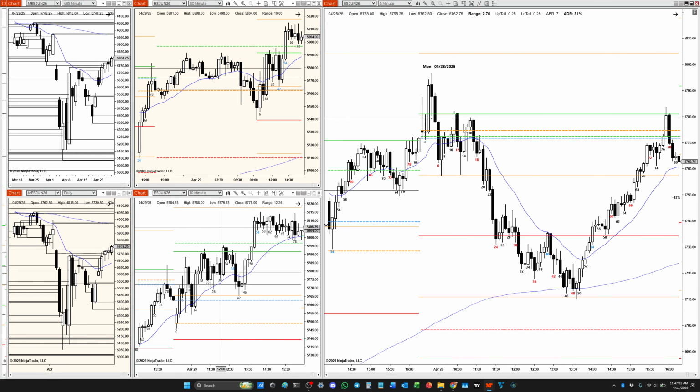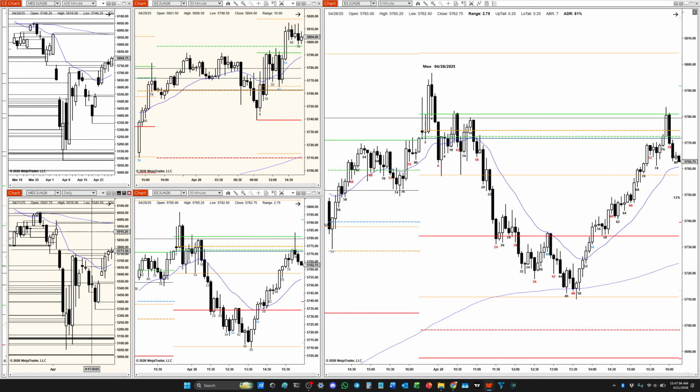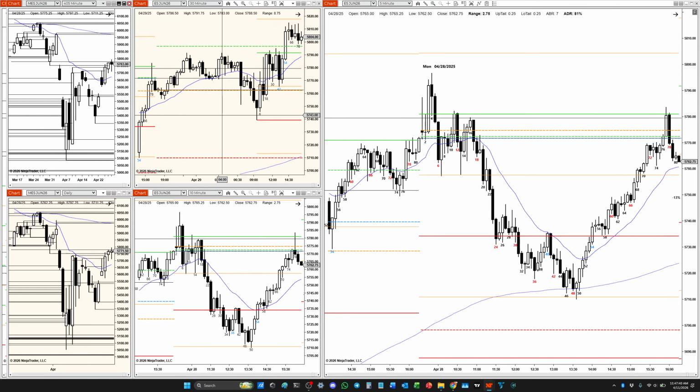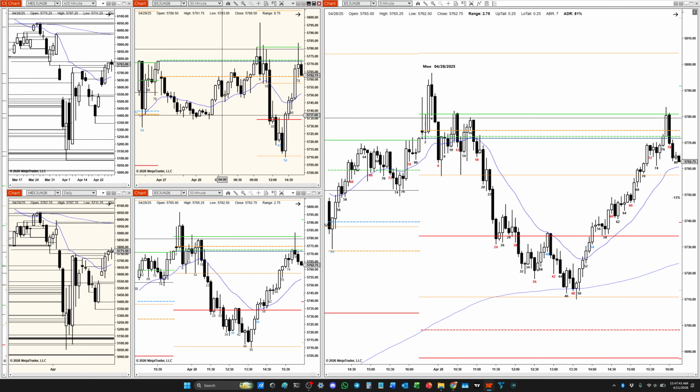And I'll make sure that the rest of the time frames are lined up as well. I have the daily chart for the Globex, the day session daily chart, and the 30-minute Globex chart that I line up for the end of the day. These are set to micro ES and these are set to ES because I want to see the lines on these charts, but I also want to see the Globex range, the Globex high, the Globex low, the midpoint.